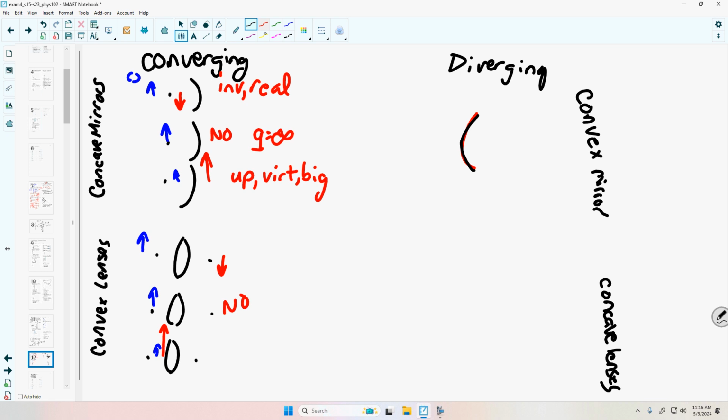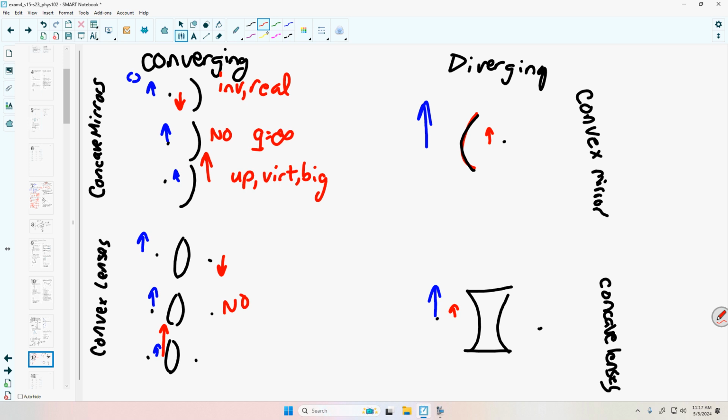For diverging devices, that would be a convex mirror or a concave lens. The object is here. At the focal point, it doesn't matter. And then the image is here.